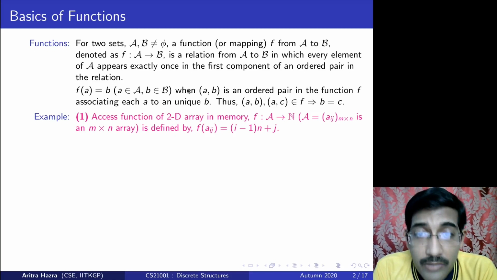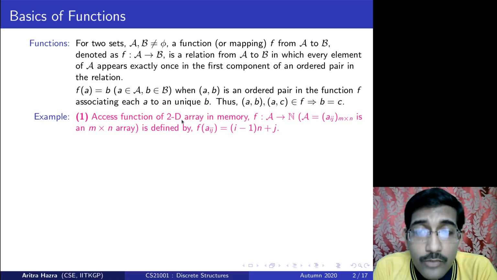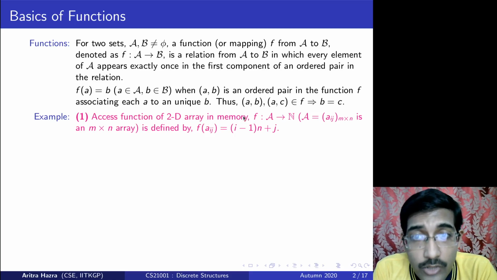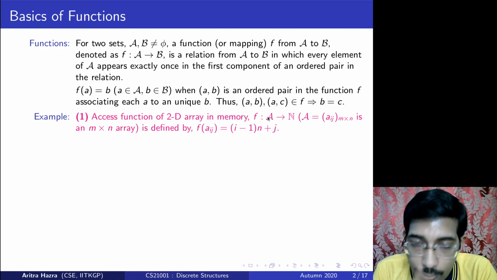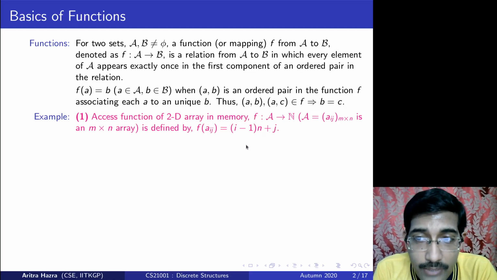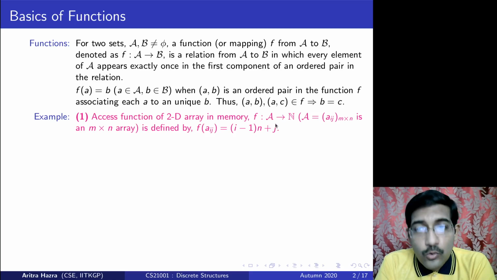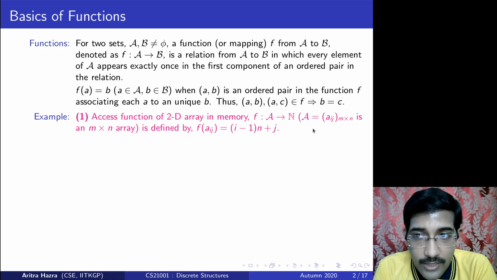Since memory is one-dimensional, it is stored in row-major fashion, which means you first store the n column elements of the first row, followed by the next n elements from the second row, followed by the next n elements from the third row, and so on, to store all the elements of the array.